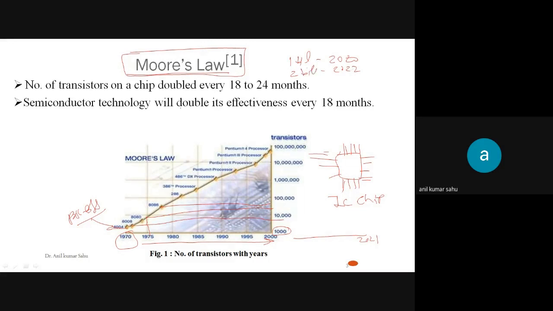We can see this kind of prediction from this figure. So semiconductor technology doubles in effectiveness every 18 months, that is, according to Moore's law, the number of transistors on a chip doubles every 18 months.